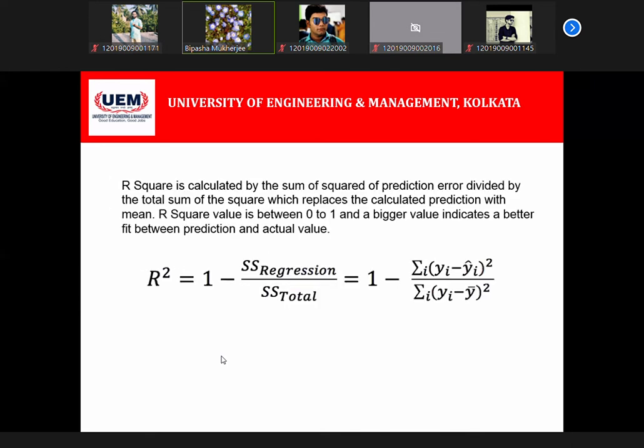What do we do in R square? Here, one is your calculated value and another one is your predicted value. And Y bar means mean. Y bar is your mean.